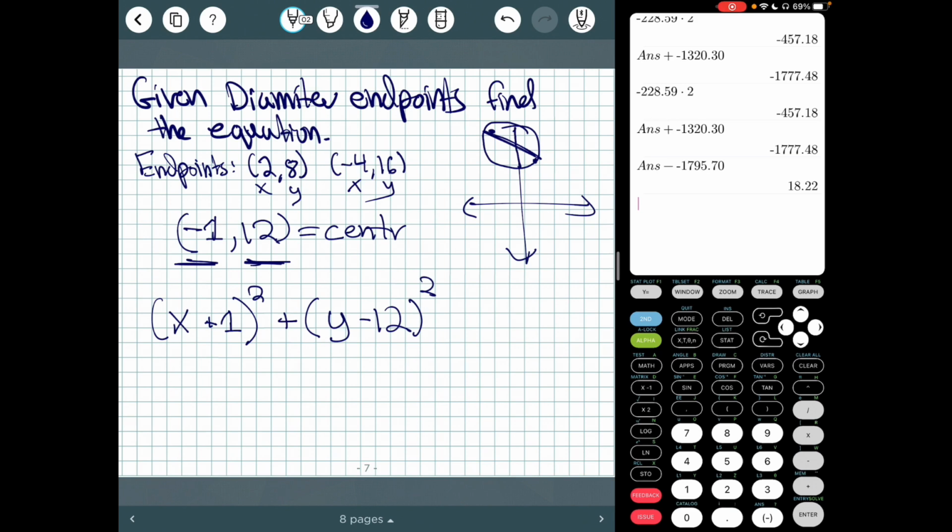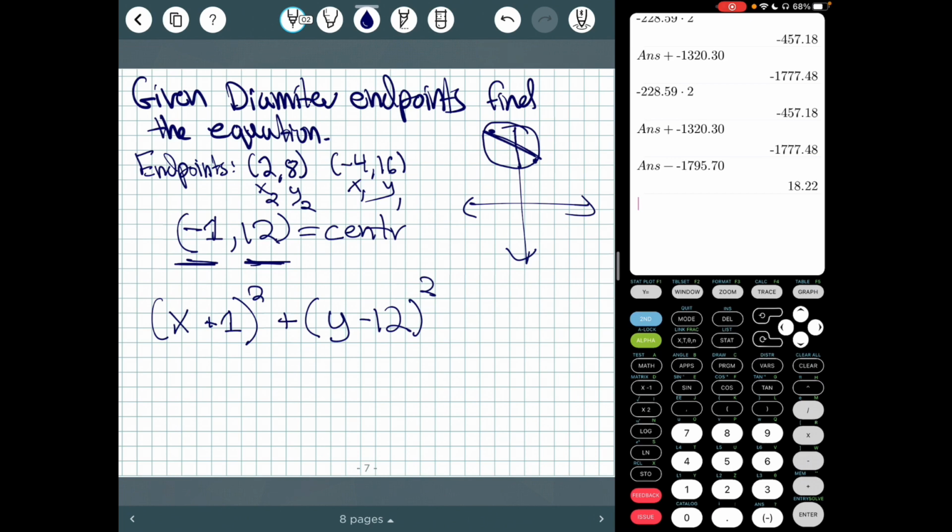So we can go back to the distance formula: the square root of x2 minus x1 squared plus y2 minus y1 squared. Let's just call this one x2, this one x1, y2, y1.